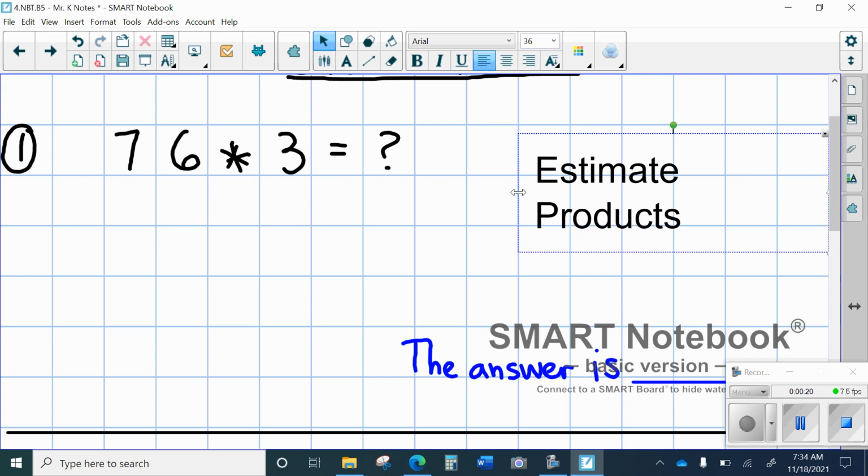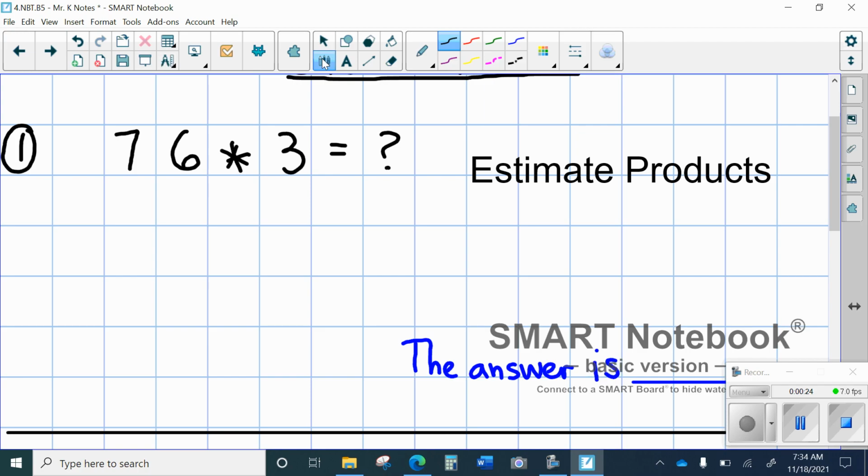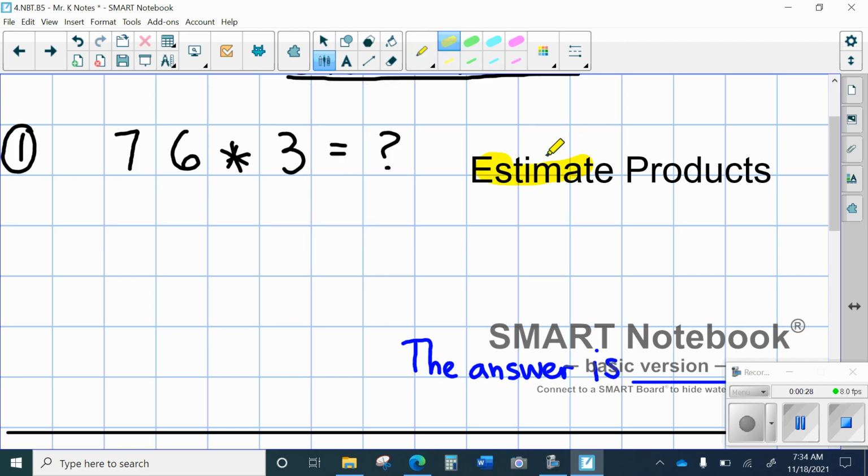Whenever you see the word estimate, estimate means that we're looking for an answer that is not exact. That means we're looking for an answer that is close to or around. So whenever you see the word estimate, you always want to think of the word round, because that's what we are going to be doing. And when you see the word products, products means that we are going to be multiplying.